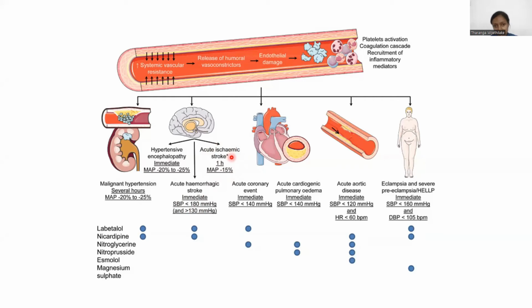I'll tell you why that is when we talk about the management there. In hypertensive encephalopathy, immediately you bring it down, and in renal involvement, you can take a few hours and bring it down by 20 to 25%. These are the agents recommended. We'll talk about each agent with each presentation.